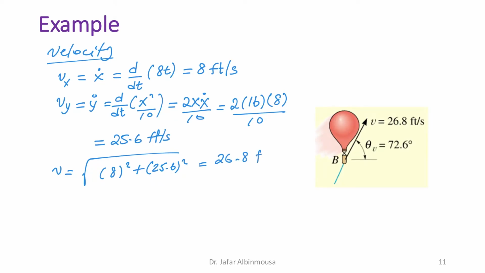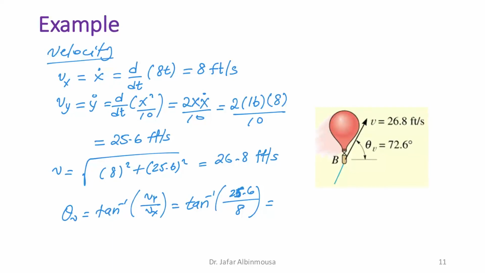and this is going to give you 26.8 feet per second. Now, to find the direction theta of the velocity, you would have to take the inverse tangent of the y component, vy, divided by vx, which is going to be the inverse tangent of 25.6 divided by, be careful, this is 25.6, divided by 8.